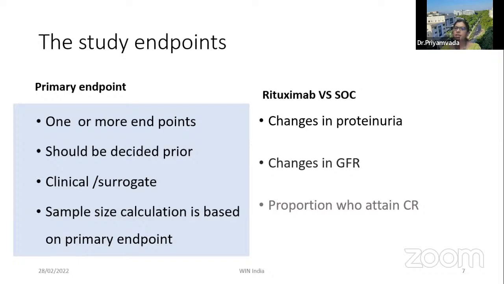And on the other hand, if we are recruiting patients with lower GFR, let us say more towards the 30 ml range, then possibly if the study duration is sufficient, we can even keep the primary endpoint as a 50% reduction in the GFR or progression to ESRD. It all depends on whom you select and how much time you have at hand.